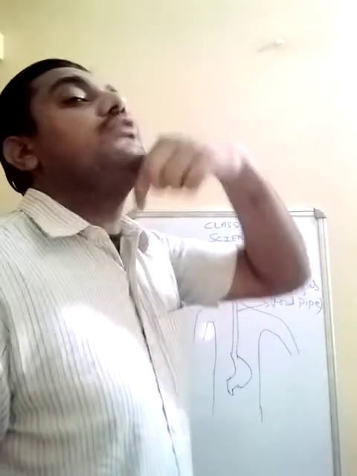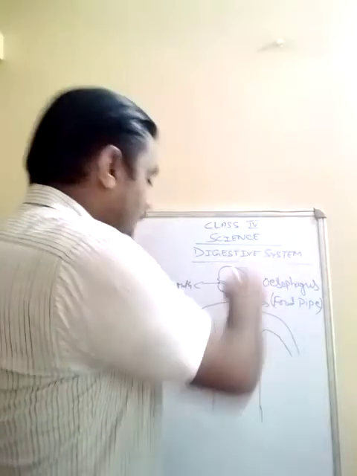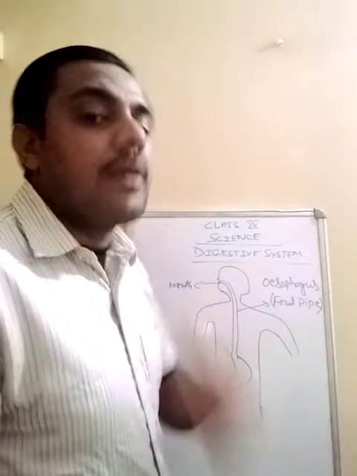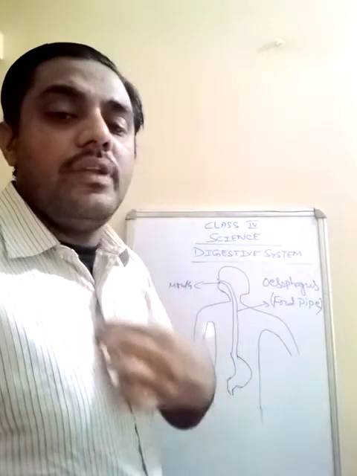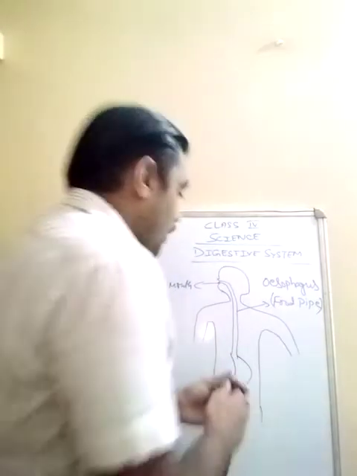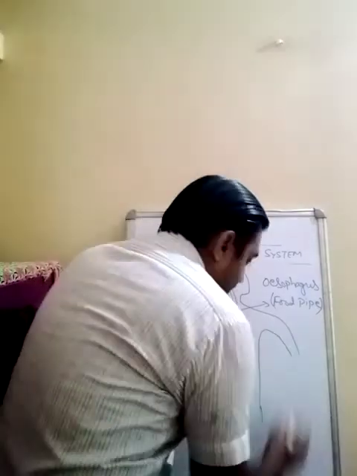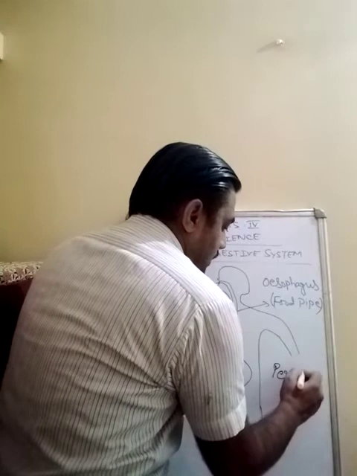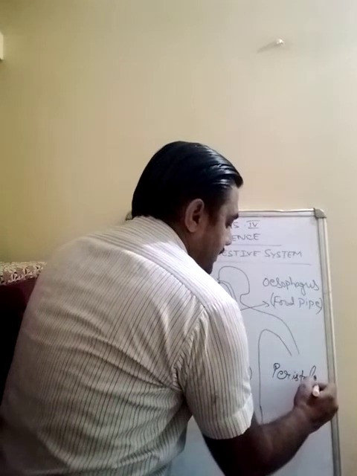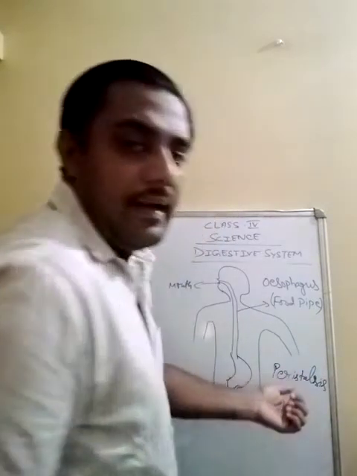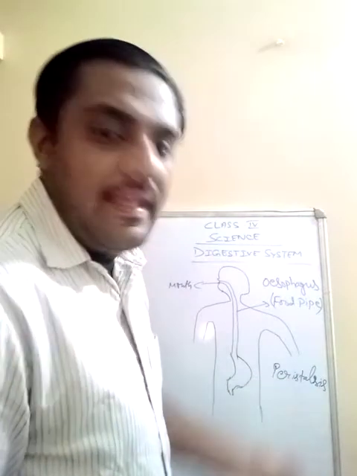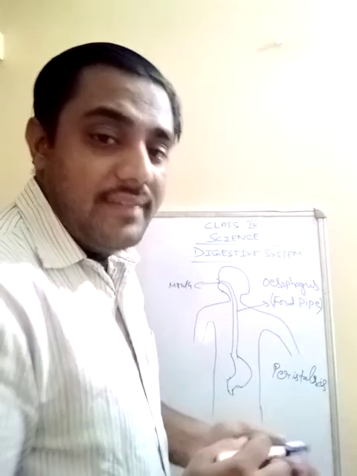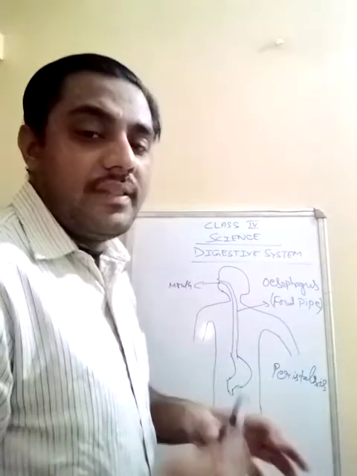As soon as you swallow it, food doesn't drop directly into the stomach. It moves slowly by a process called peristalsis. Now how peristalsis works, let me explain this to you.